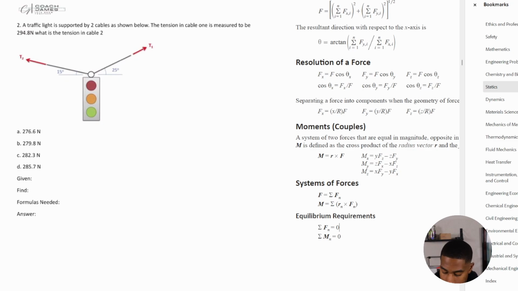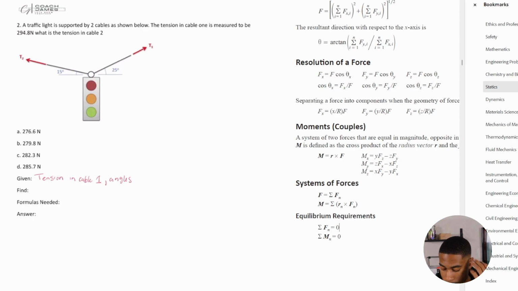Let's look at this. What do they give us? All right. Well, they give us that we have the tension in cable 1. Anything else? We have angles.